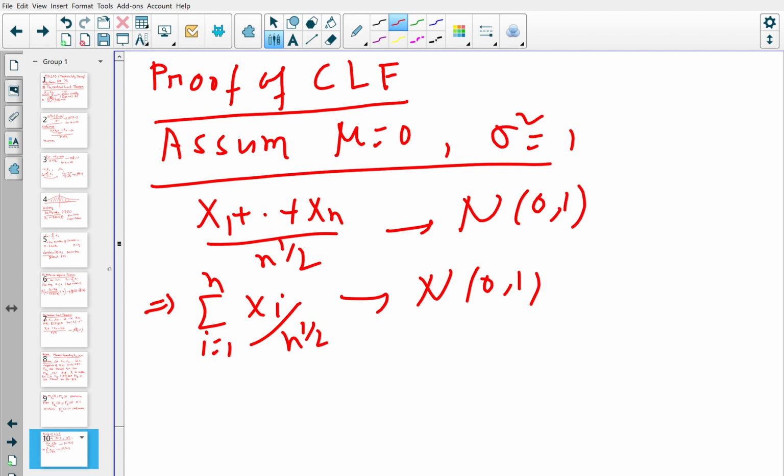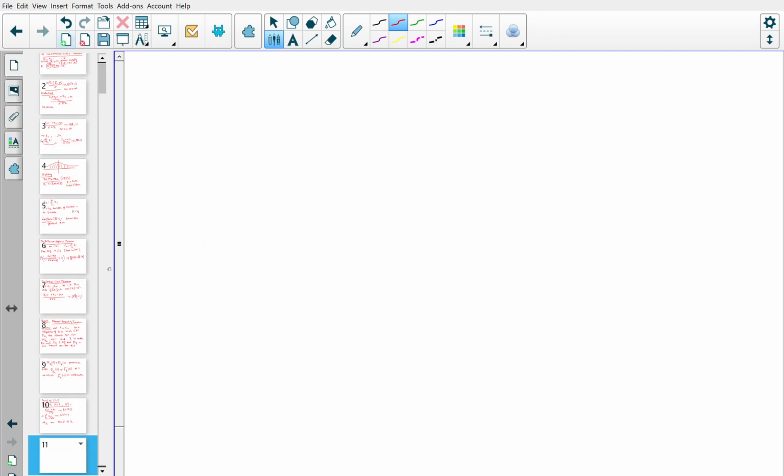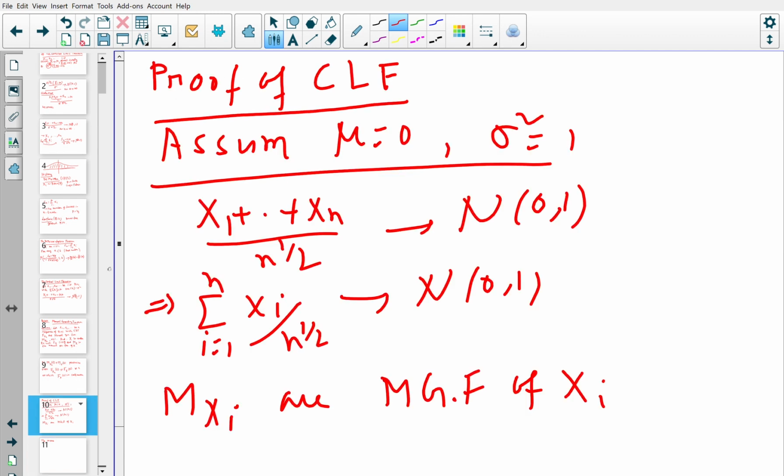What is given is that M_{Xi} are the moment generating functions of Xi. So then, what is the moment generating function? Let me use this symbol: this is my random variable Y equal to this.